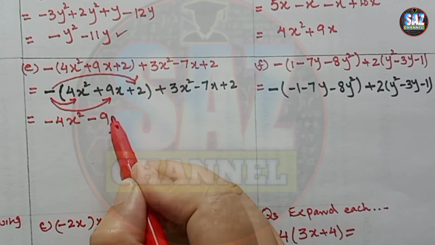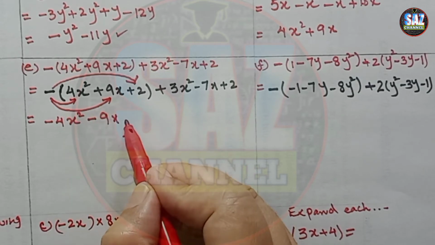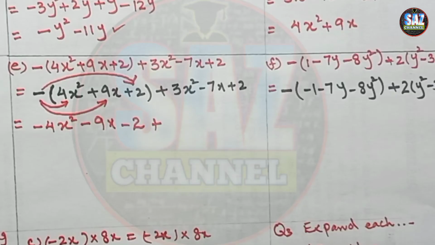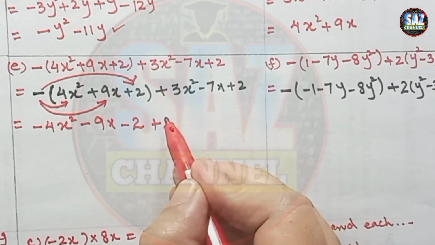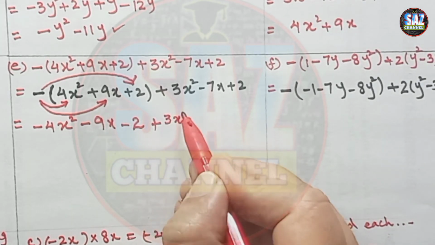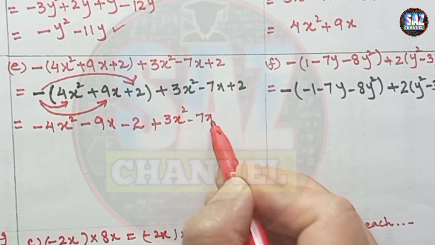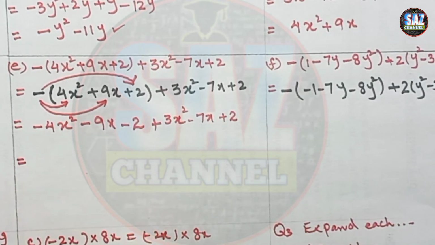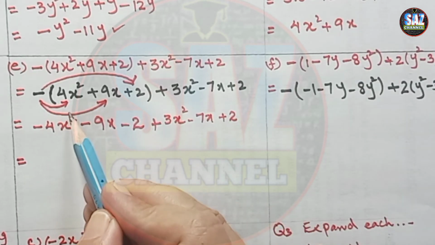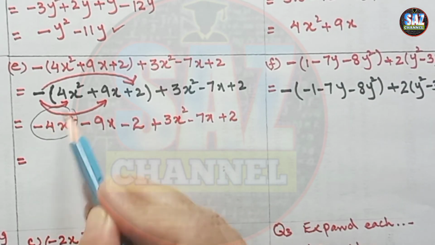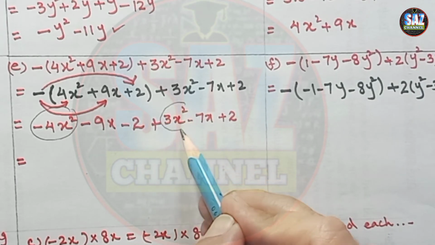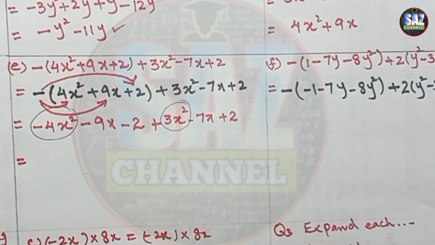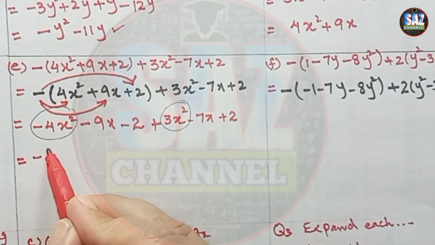Minus 9x and plus multiplied by minus is minus 2, and the second portion will remain as it is, 3x square minus 7x plus 2. Now after this, we have to write down the like terms together, like minus 4x square and 3x square are the like terms. So I have to write them next to each other, closer to each other.